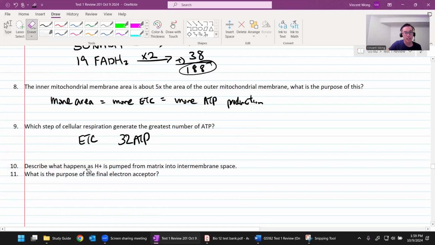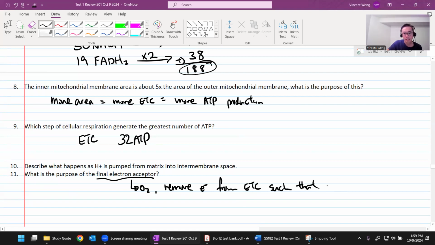The purpose of the final electron acceptor, which is O2, is to remove electrons from the ETC such that the flow of electrons can continue. I keep on saying, if you don't remove the electron at the bottom, then the next electron can't slide down.